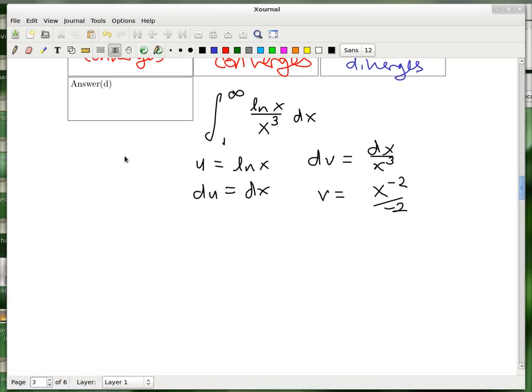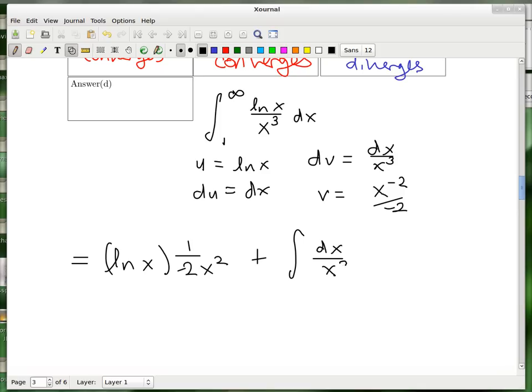Let's see. So use your integration by parts skills, and now you write down natural log of x times, this is u times v, this horrible thing, 1 over negative 2x squared. And now it's just this, right? So I can do plus and cancel this minus, and what I have is dx over x squared.